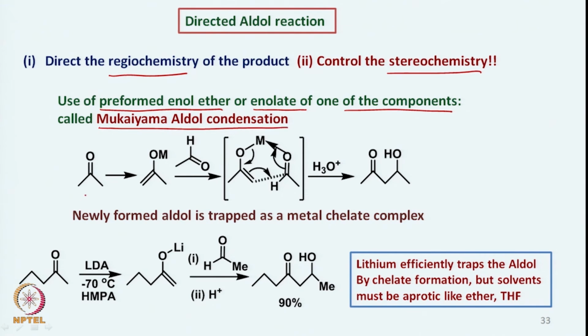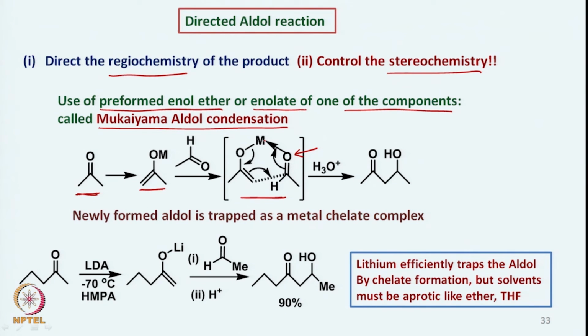So that means we start with a ketone and we can make an enolate, and then we react it with the aldehyde here, and then we can have the corresponding aldol product, where the electrophilic carbonyl group could have a chelation with the M, that is the metal attached to the enolate.